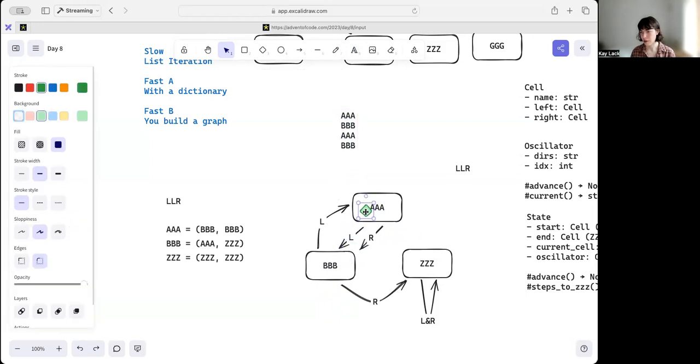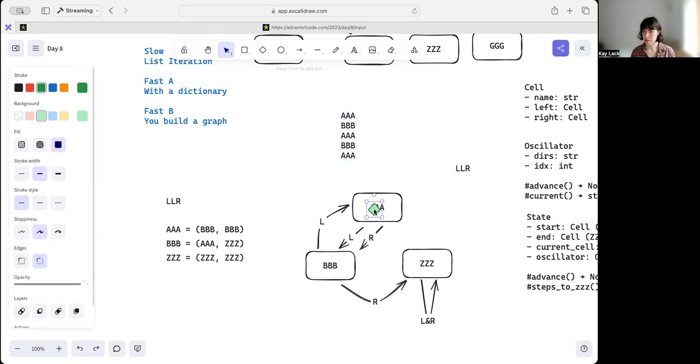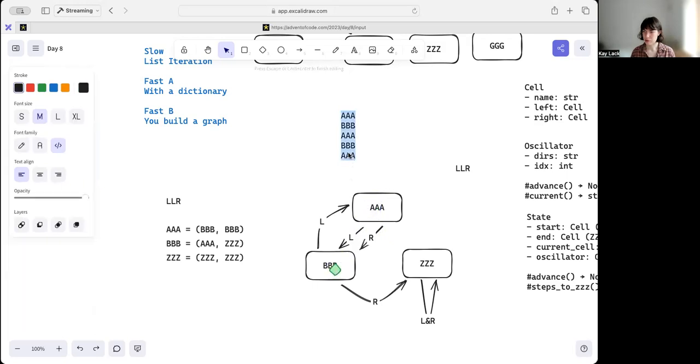A, left, B, B, left, A, right BBB, left AAA, left BBB, right ZZZ. Okay, right. So that's what it should be.